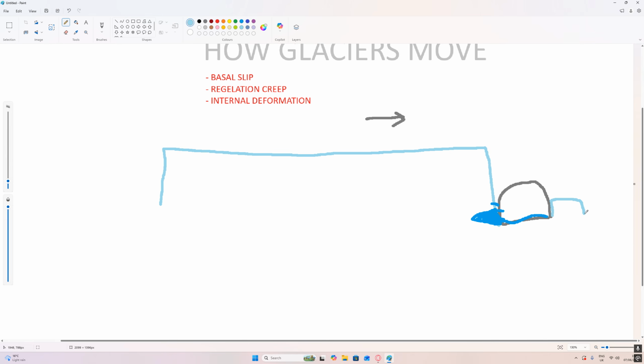And the water here refreezes, forming a bit of ice on the other side, and as the rest of the glacier moves over, that's basically how it moves around the obstacle.